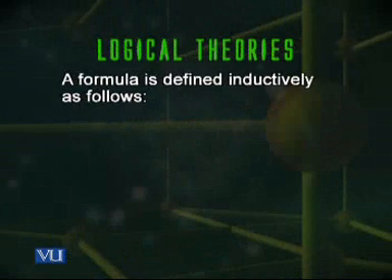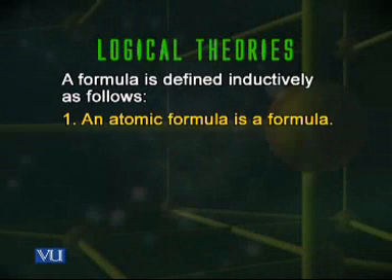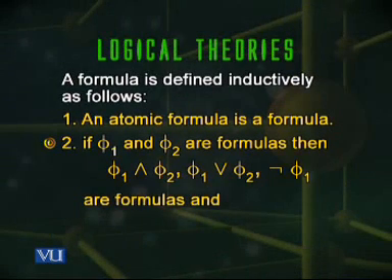Once we have defined an atomic formula, we're going to define what a general formula is. And a general formula is defined inductively, or through the principle of recursive definition, as follows. A formula is an atomic formula, and if phi1 and phi2 are 2 formulas, then phi1 and phi2, phi1 or phi2, and not phi1 are also formulas.